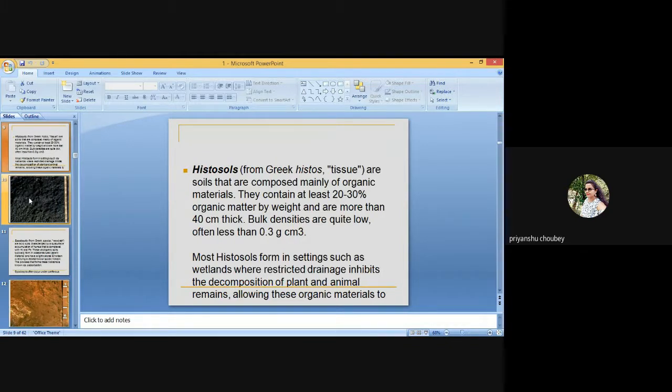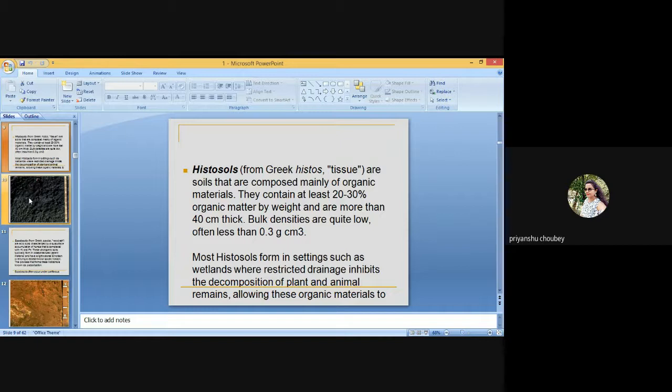Histosol. Histosols have organic matter of more than 20%, with a peat horizon under a permanent water-saturated environment, and a histic epipedon. Histosol, from the Greek word histos, meaning tissue, are soils that are composed mainly of organic materials.